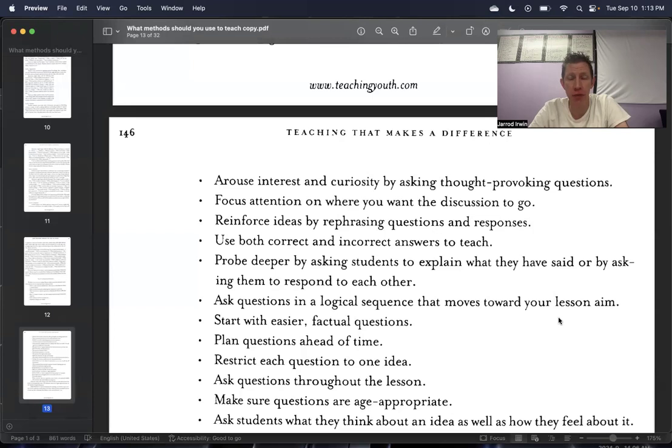So like going back to what we were just saying, if I ask a question, somebody gives what seems to be a clearly incorrect answer, using that as an opportunity to not just offer the correction, but use it as a teaching opportunity.